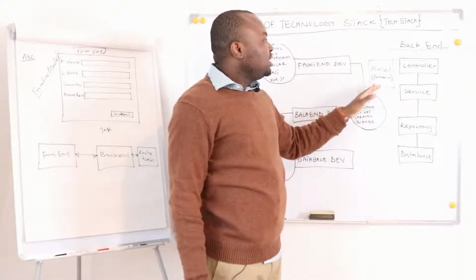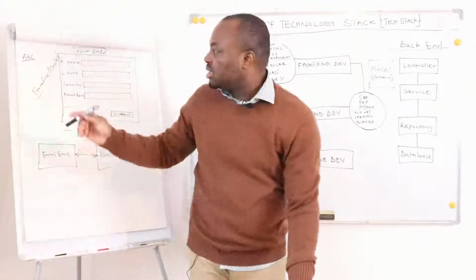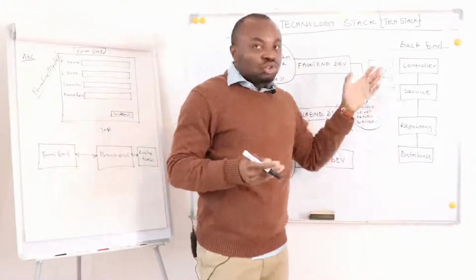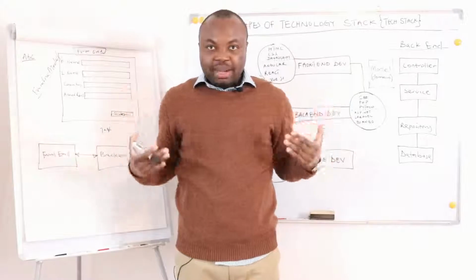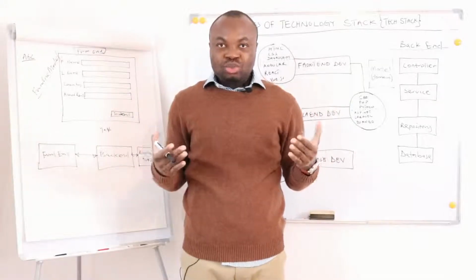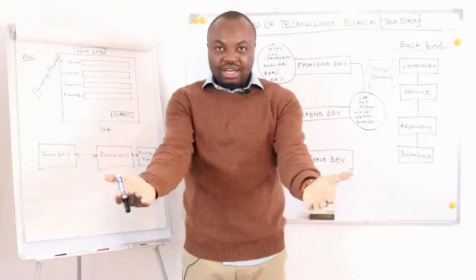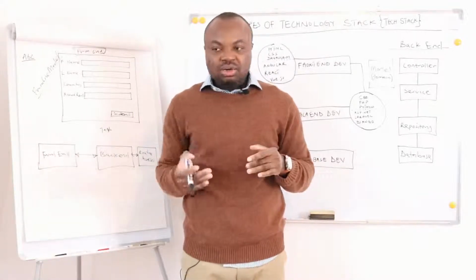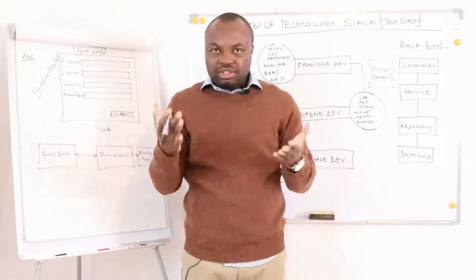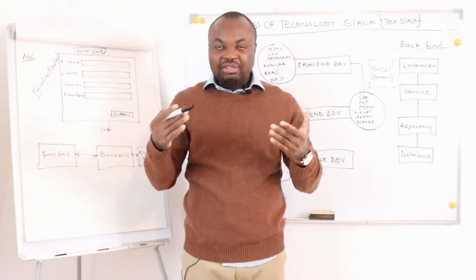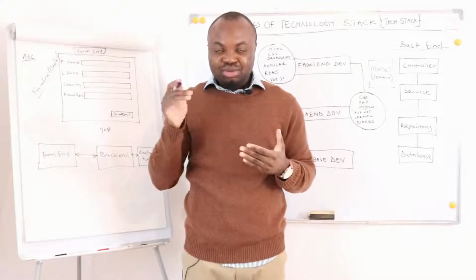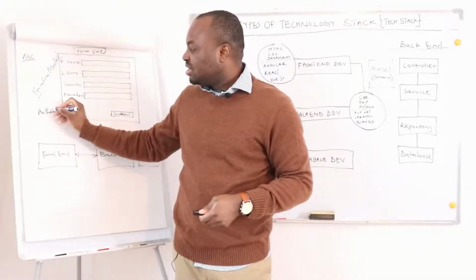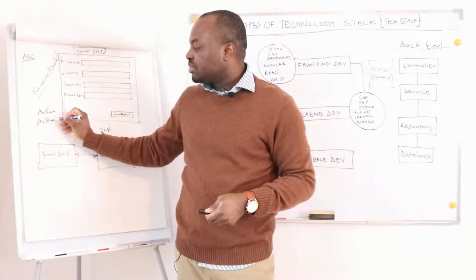Once you fill in this form and submit it, the controller is basically the gateway to your back end. The controller receives the form and will first of all check if you have the right to submit this form. So it will check for authentication and authorization.